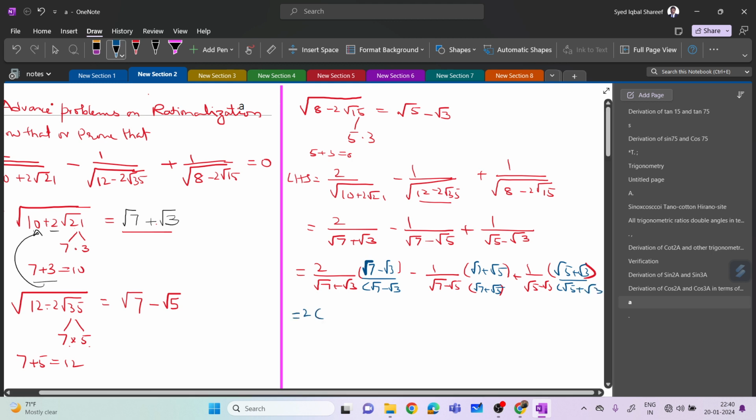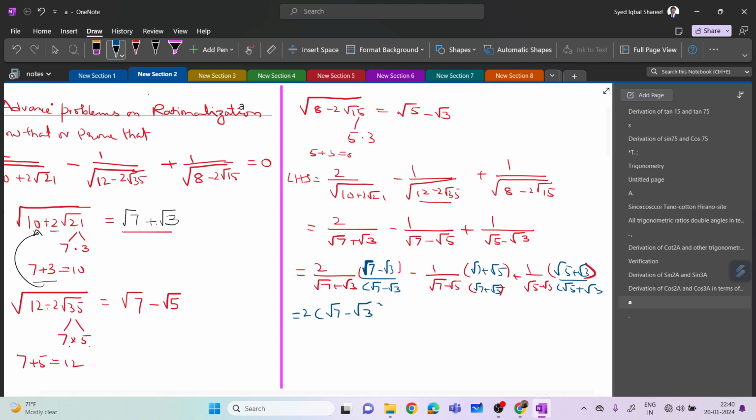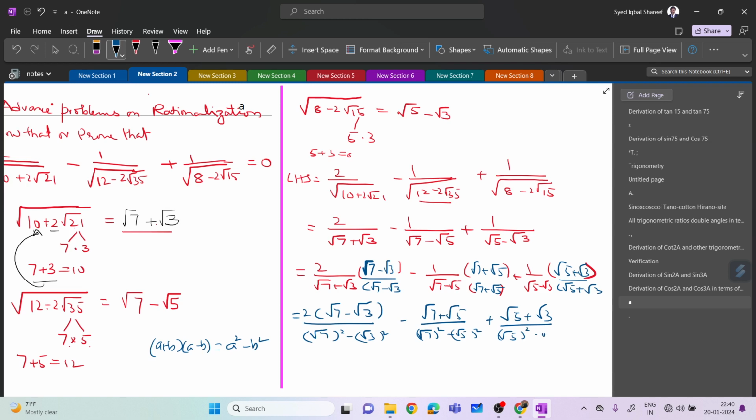This is the formula: a plus b into a minus b is a square minus b square. We are using this. So we get 2 times root 7 minus root 3 over root 7 square minus root 3 square, minus root 7 plus root 5 over root 7 square minus root 5 square, plus root 5 plus root 3 over root 5 square minus root 3 square.